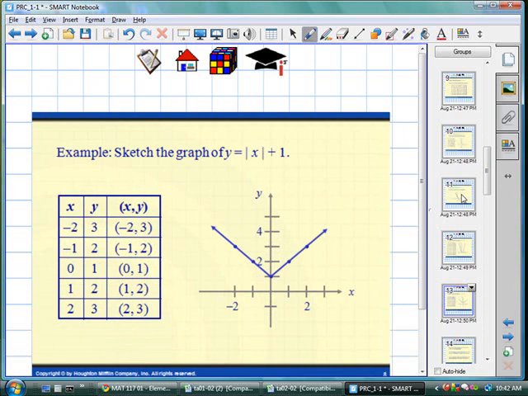Then another special creature that keeps coming up is the absolute value guy, and he's the one that has that right angle bend in him. That's the only thing we're going to be studying that ever has a corner in it like that. This particular one is shoved up 1. What is it that shoved it up? +1, yeah.